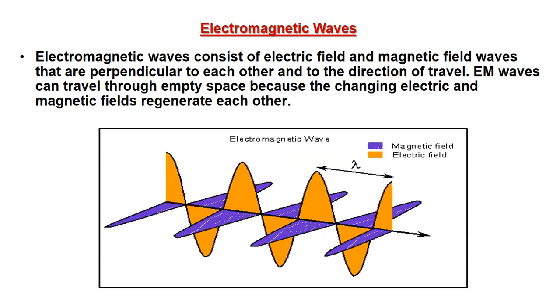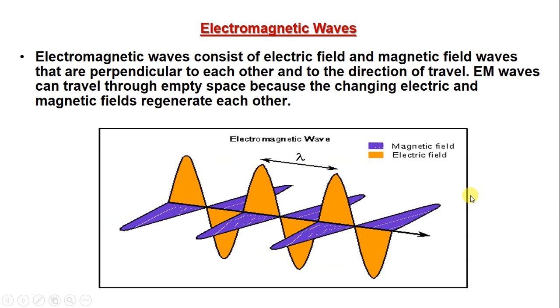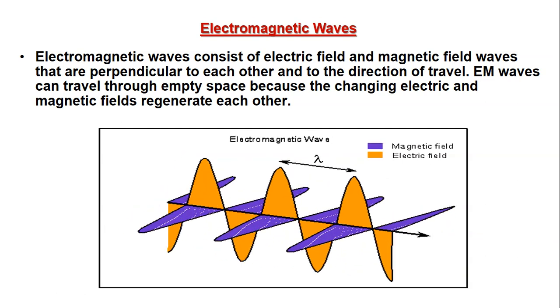Because now you can understand it. A transverse wave is any wave in which the components are perpendicular, right? And here in an electromagnetic wave, we said that the electric field and magnetic field are perpendicular to each other and perpendicular to the direction in which the wave is traveling. So that's why it's classified as transverse.